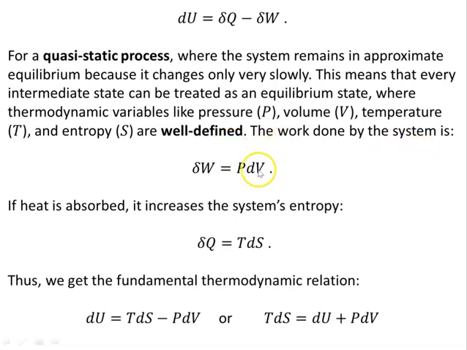Now, the work done by the system, delta W, is the pressure times the change in volume, P dV. If heat is absorbed, it increases the system's entropy: delta Q is T dS. Thus, we get the fundamental thermodynamic relation that dU is T dS minus P dV, because remember, that's really just delta Q minus delta W from up here. Or you could rewrite that as T dS is dU plus P dV.